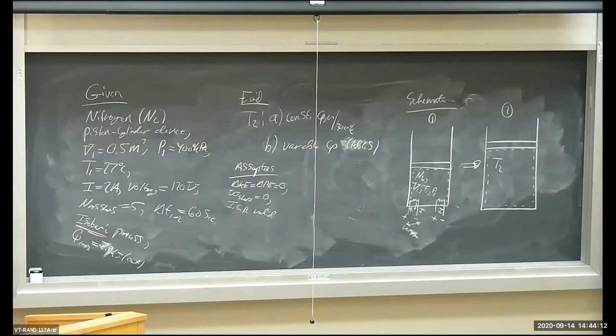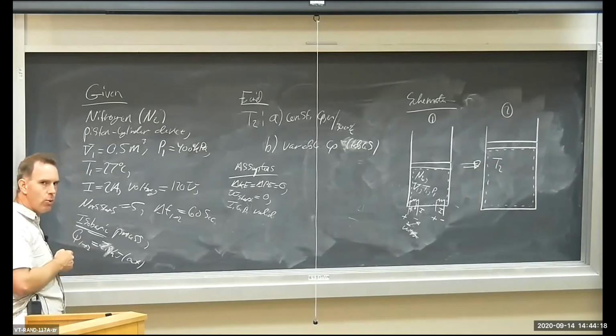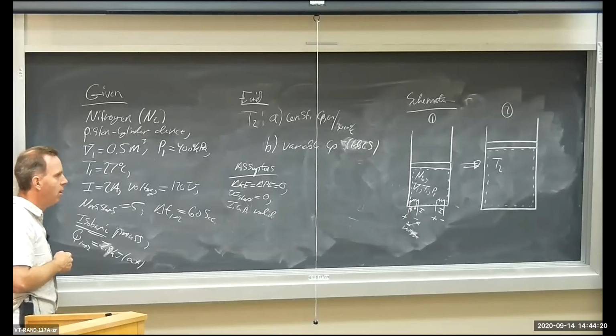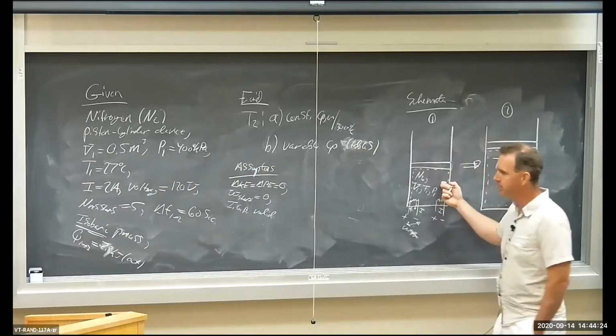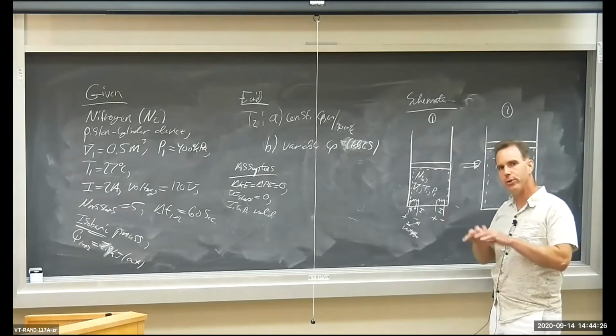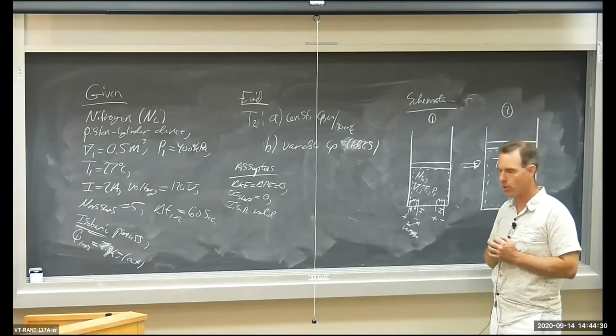Now, during this heating process with the electric wires, 2.8 kilojoules of heat is lost from the gas. So the gas is getting hot, and as a result, it's radiating heat off from the gas, okay?